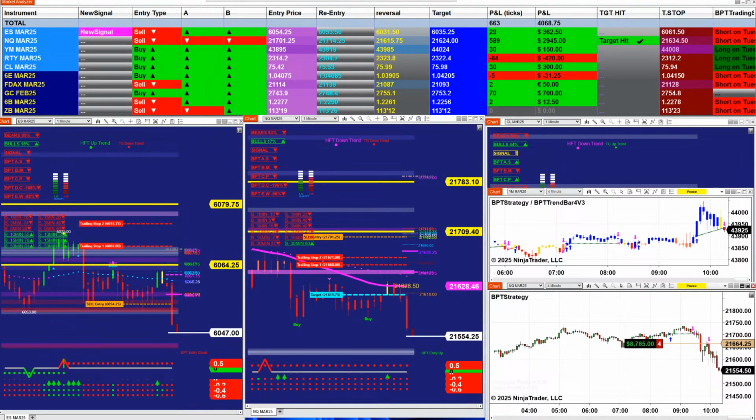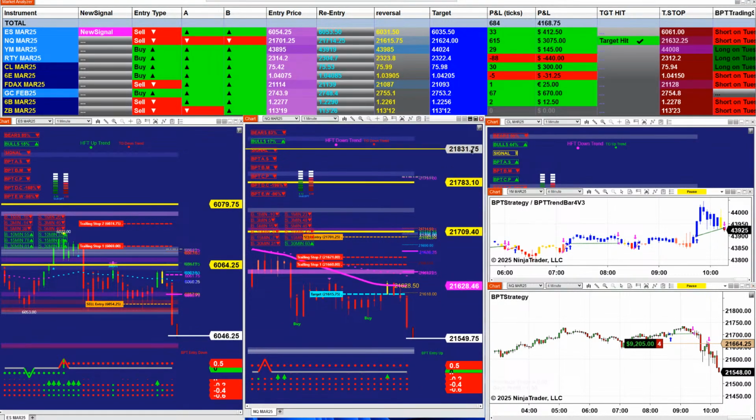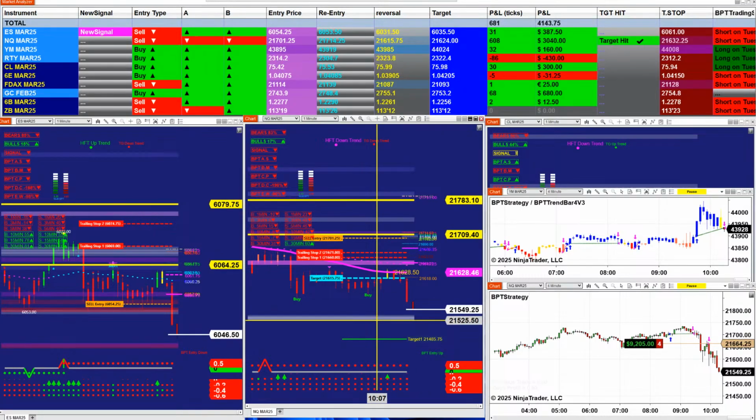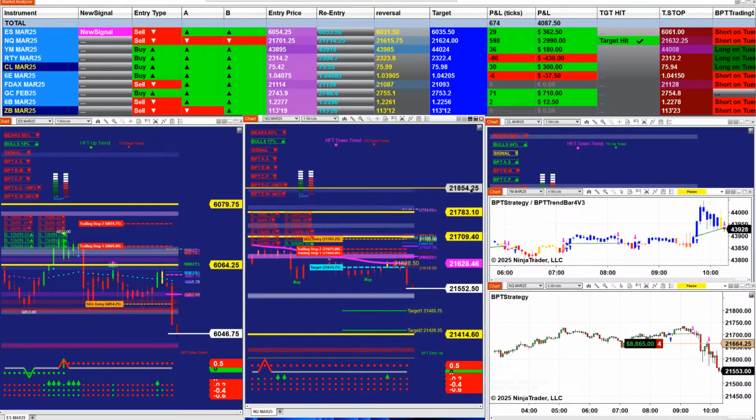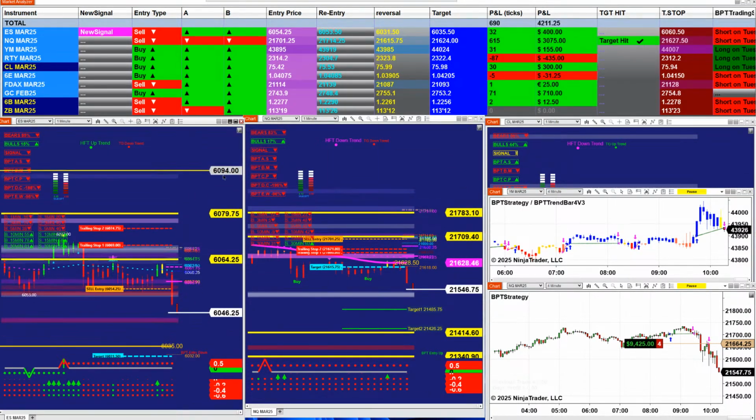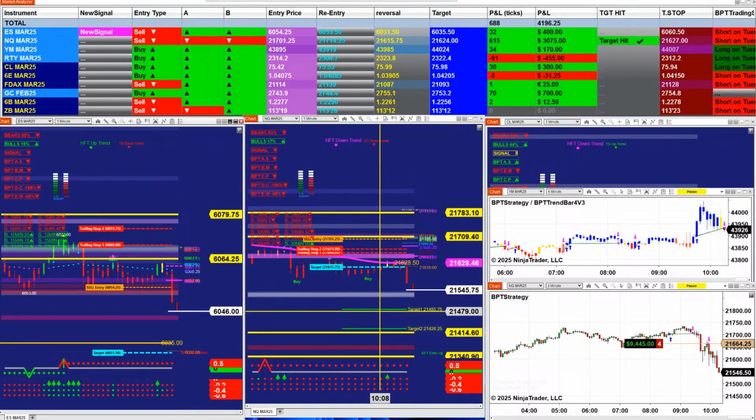Now we are coming to the support area at 21,527. It is very advisable to take a profit, and that will be around $10,000. You have an institutional number. The institutional number will be profit taken on target one. Those are around 11 o'clock plus or minus 10 minutes.